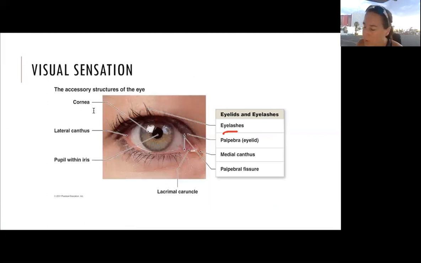That lets the light in, and it is going to be surrounded by an iris. The iris is the colored part of the eye. I'm not going to ask you about the lateral and medial canthus, those are the corners of your eye. Let's keep going. We do have the muscles. You will need to know the muscles of the eye.